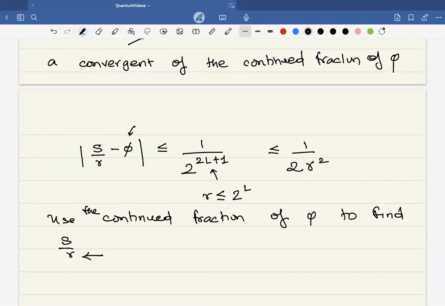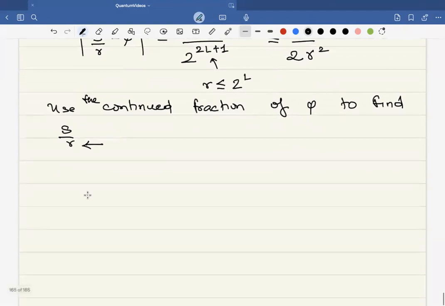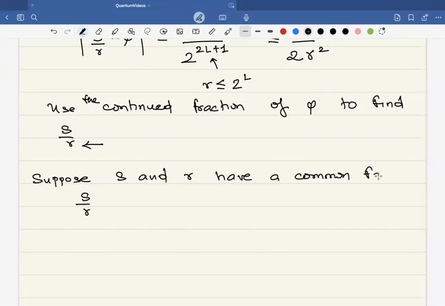Now, the only problem that can occur is that in our S over R, it may happen that S and R have a common factor. In which case, suppose S and R have a common factor, then instead of getting S over R, we'll get S prime over R prime with GCD of S prime and R prime equal to 1.